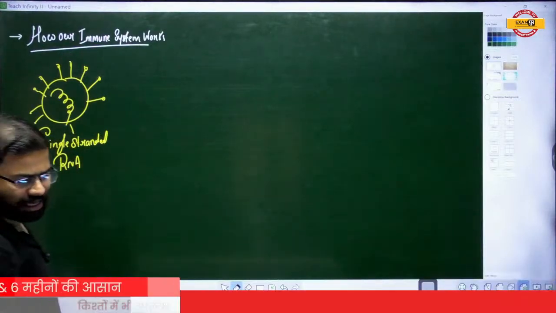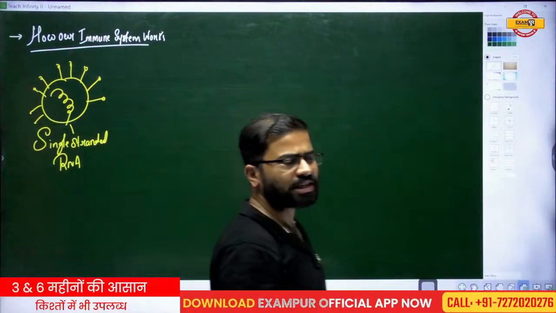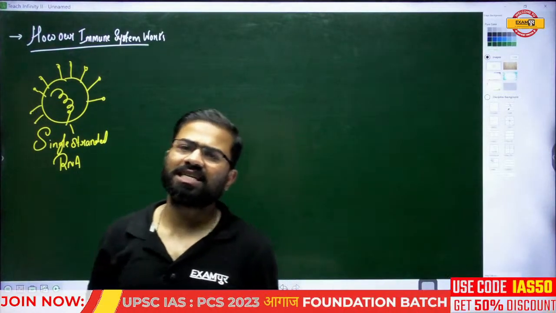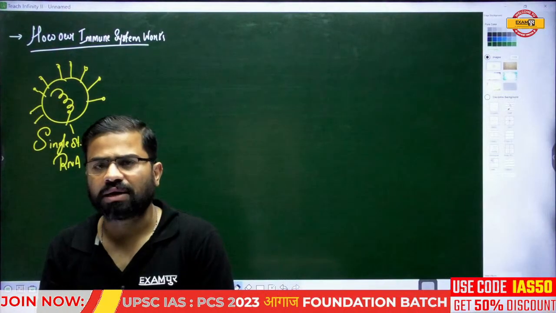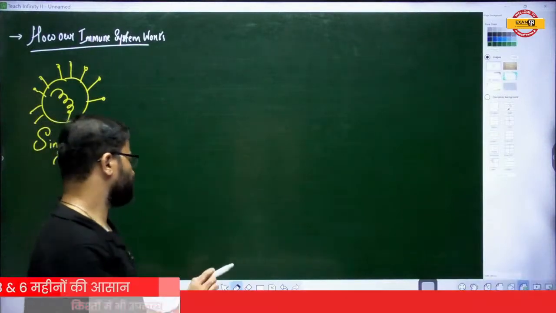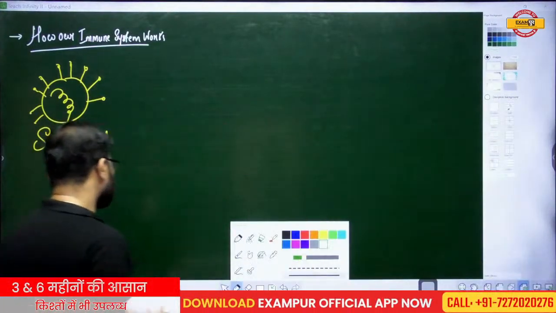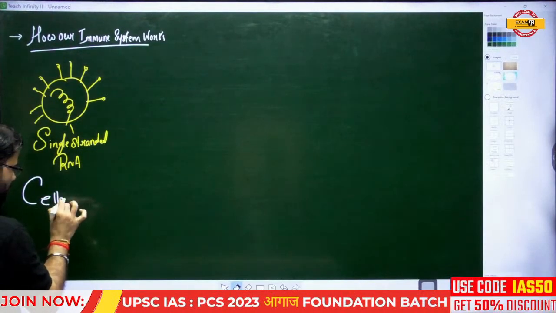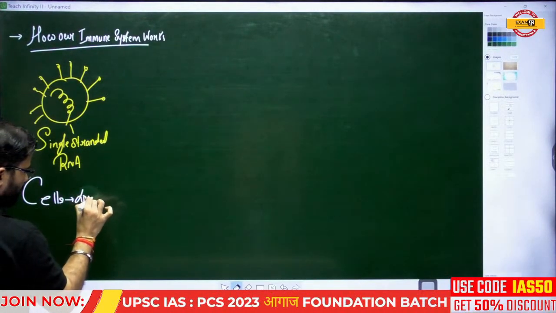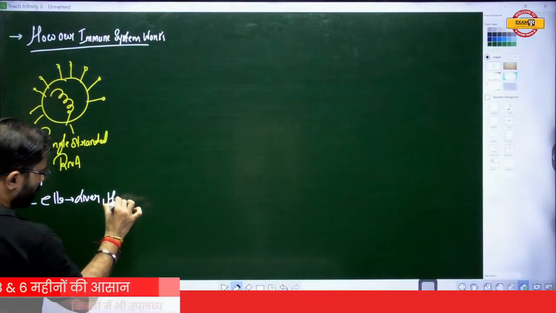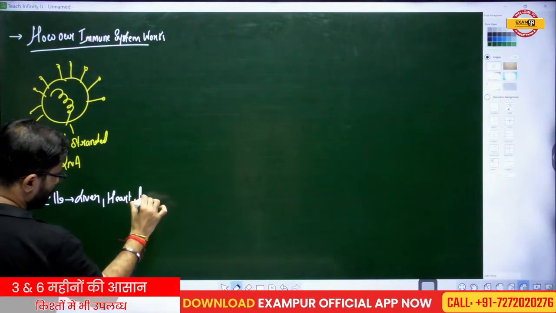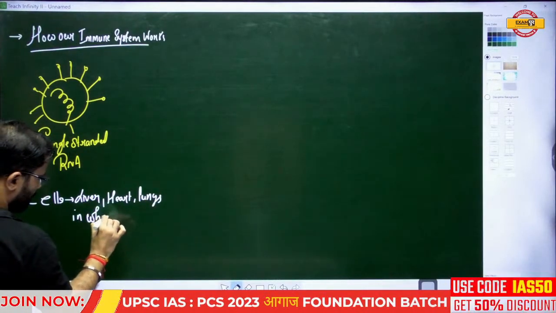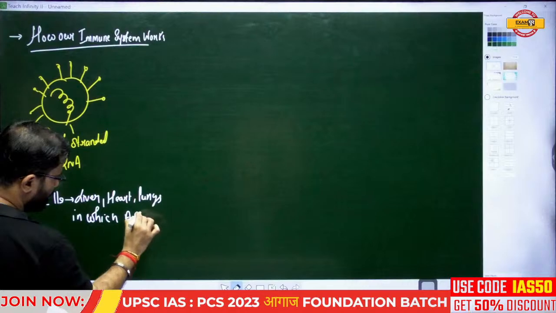In our body, there are certain special cells over which ACE2 enzymes are found. There are certain cells in our body, like liver cells, heart, lung cells, in which ACE2 is found.